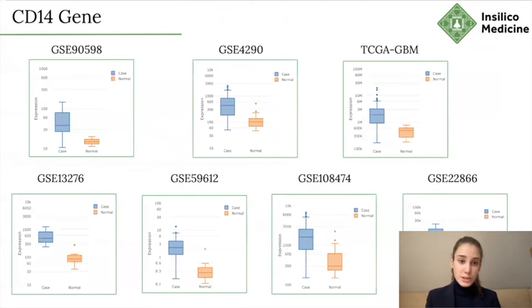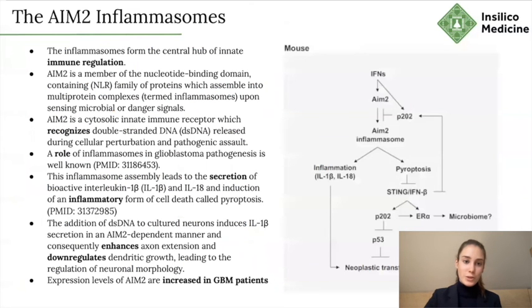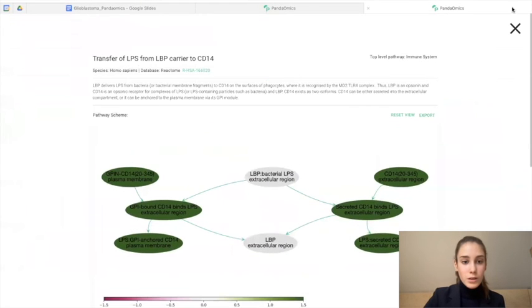We created box plots on a logarithmic scale for this pathway as well, and CD14 was upregulated in 7 out of 10 of our datasets, showing that glioblastoma patients have on average a higher expression of this gene as compared to healthy controls.